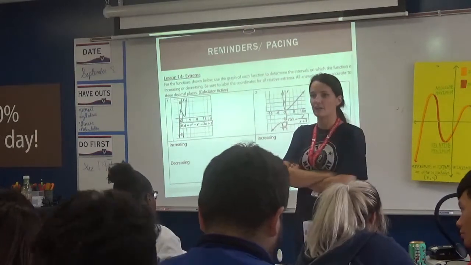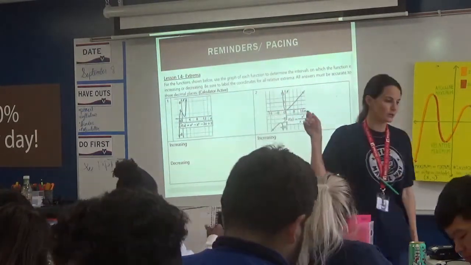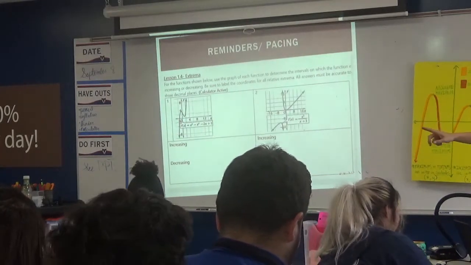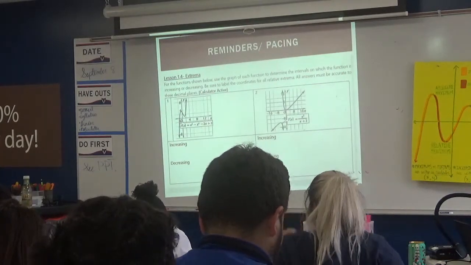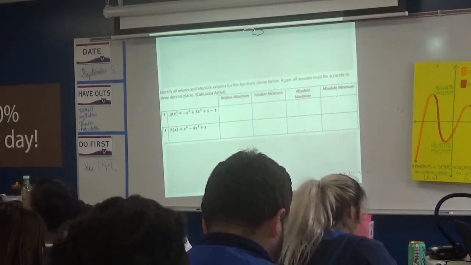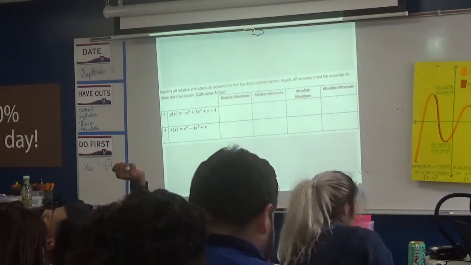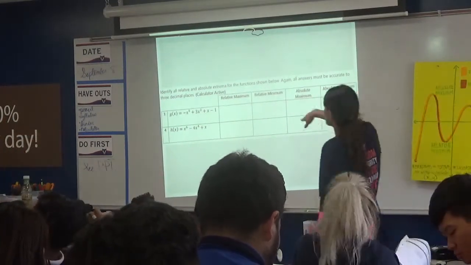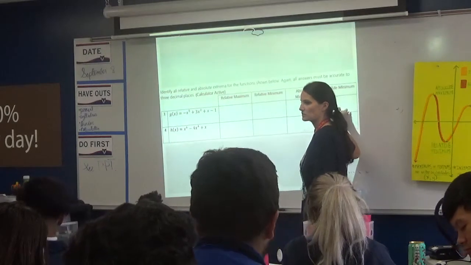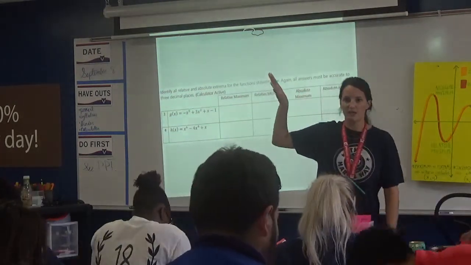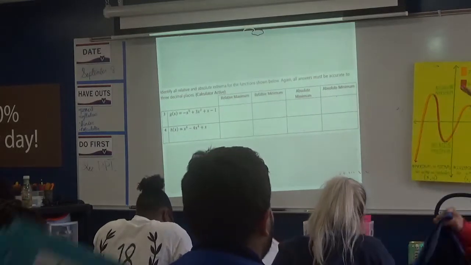On your problem set, at this point you should now be able to do where it says Extrema. Here you have to type those into your calculator and find where it's increasing or decreasing. Those are intervals. For this one, down at the bottom, you should be able to list all your mins and maxes. Does there necessarily have to be all 4 of these things? It might not have an absolute max. You can write none or leave it. Don't expect to have all 4 of those for both of them.